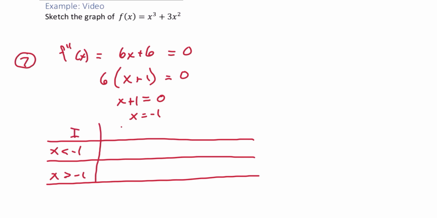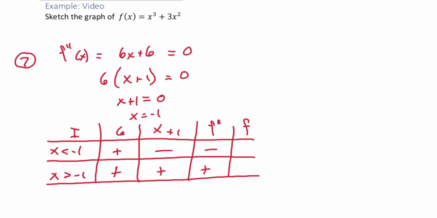We'll look at the factors, 6 and x plus 1, what that tells us about the second derivative, and what that tells us about f. So 6 is always positive. To the left of -1, x plus 1 will be negative, and then positive. That tells us the second derivative is negative on the first interval, positive on the second.